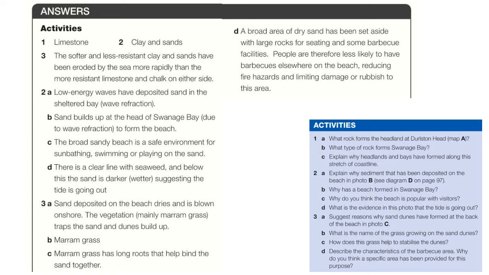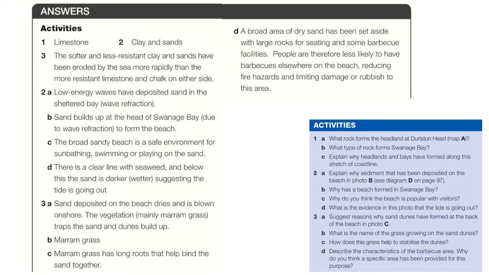3A, reasons why sand dunes have formed at the back of the beach. That is to do with the vegetation trapping it, building it up, it being blown and dried at the back as well. 3B, what is the name of the grass? Well, marram grass. And how does it stabilize the dune?